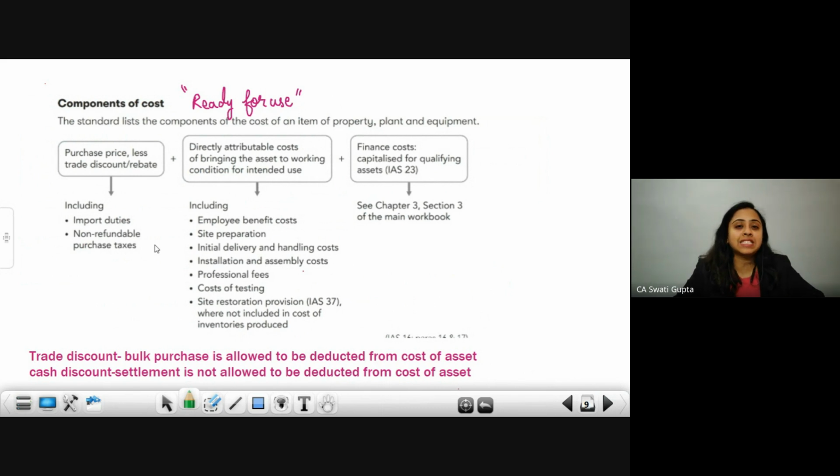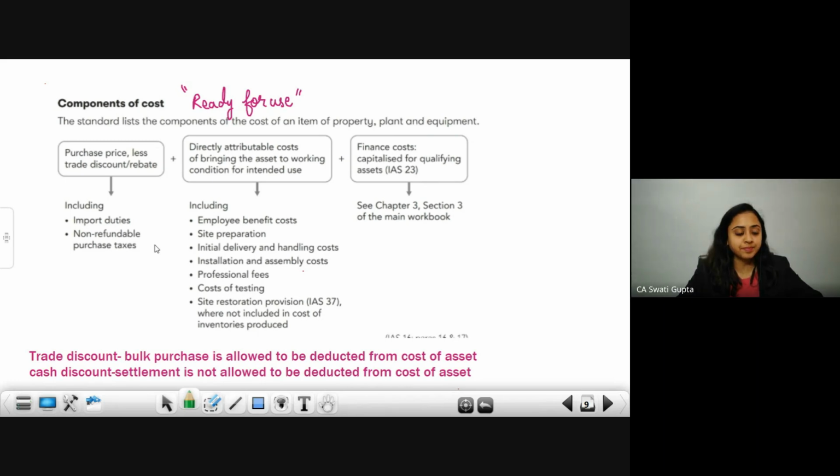If it's a trade discount, do you know what a trade discount is? What is trade discount and what is cash discount? You must have read about the same in your basic 11th and 12th standard. Do you remember?